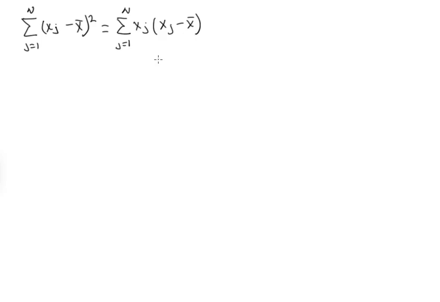This is an important simplification of the sum of squared residuals, because it will be used in proofs and makes proofs easier to handle, I think. Now let's prove that this equation holds.